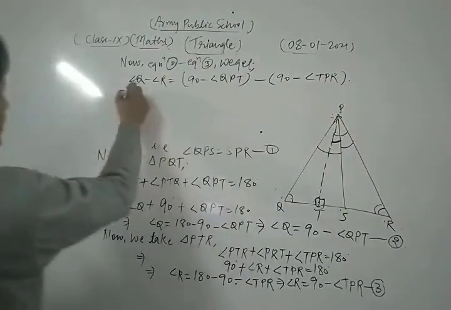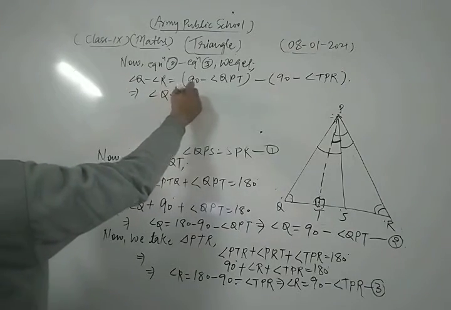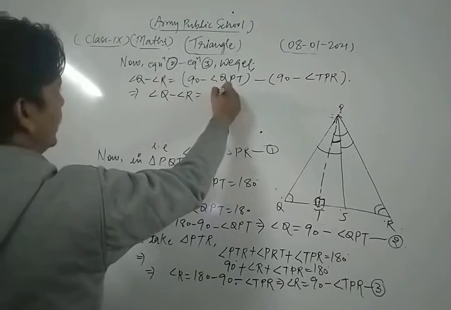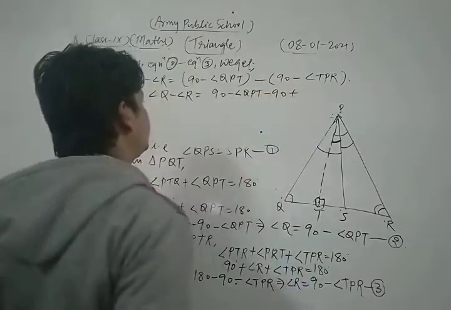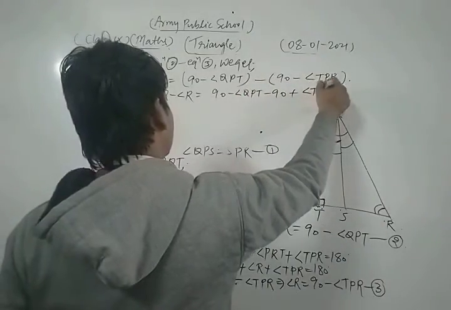Now let's see. Angle Q minus angle R is equal to, breaking the brackets, 90 minus angle QPT minus 90 plus angle TPR.